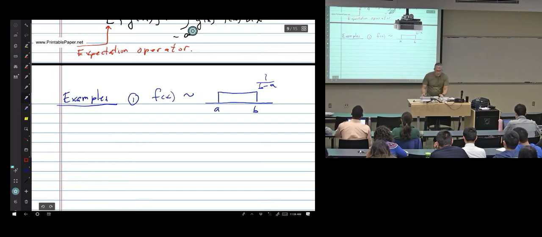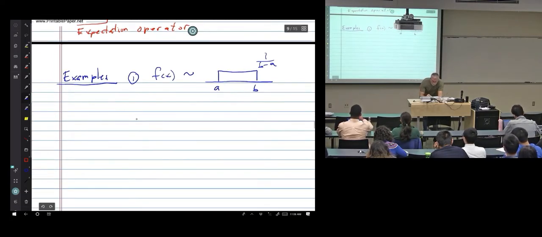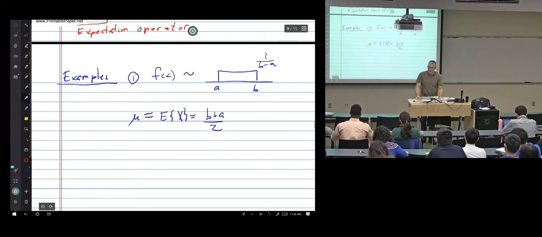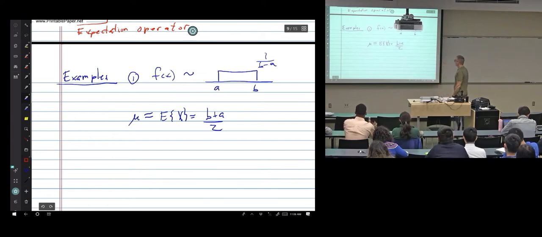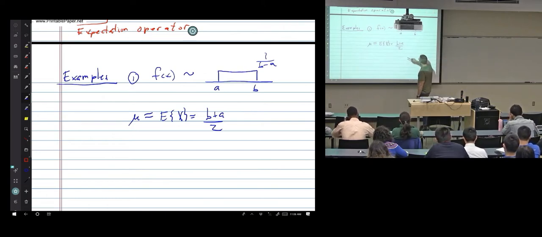So we have a uniform density. Can anybody do this integral for me in their head here? Yes, all of us can, Professor Grizzle. So that's the mean value of a uniform random variable, b plus a over 2.